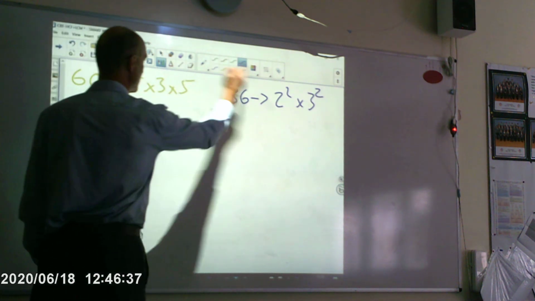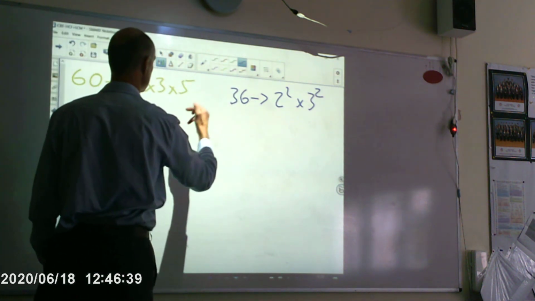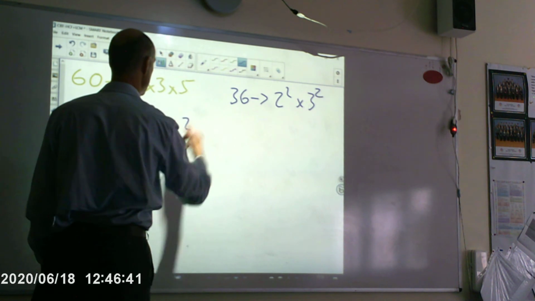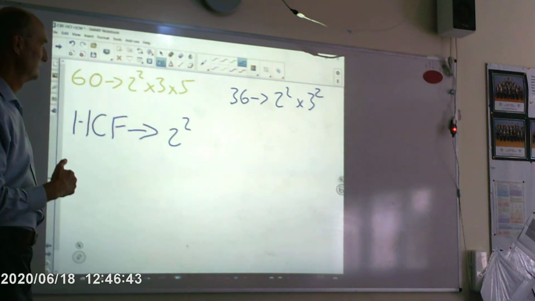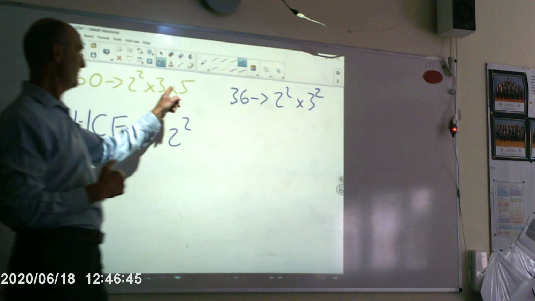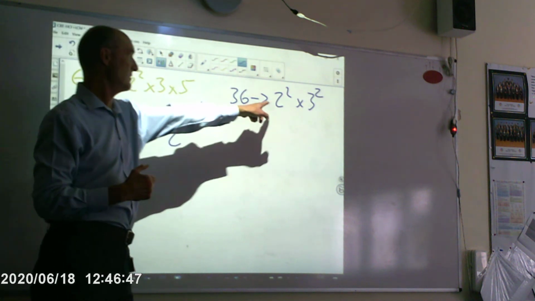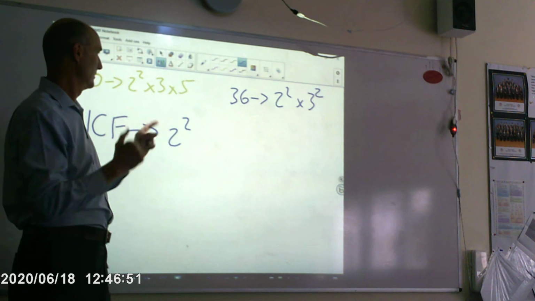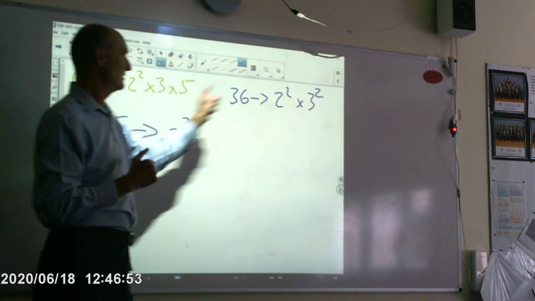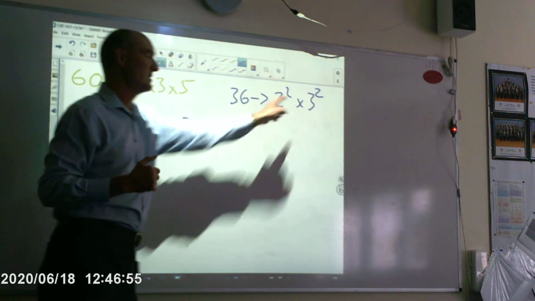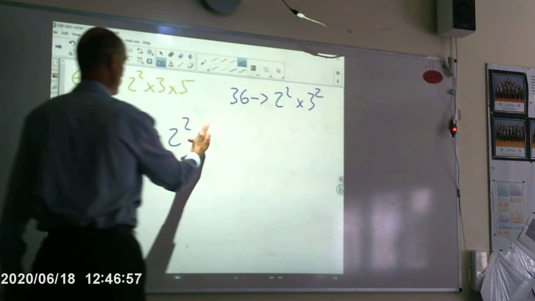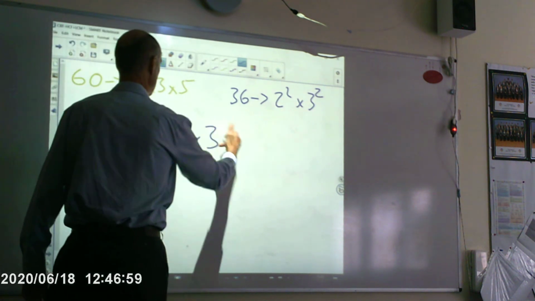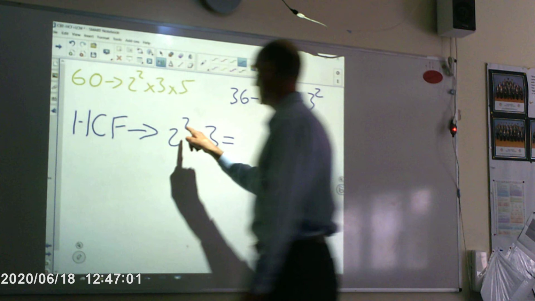There's a 2 squared there and there's a 2 squared there. So 2 squared appears in both lists. There's a 5 in this, but there isn't a 5 in there, so it doesn't appear in both lists. So 5, no good. There's one 3 here, and there's 3 squared over here, so one 3 appears in both the lists. What is 2 squared?